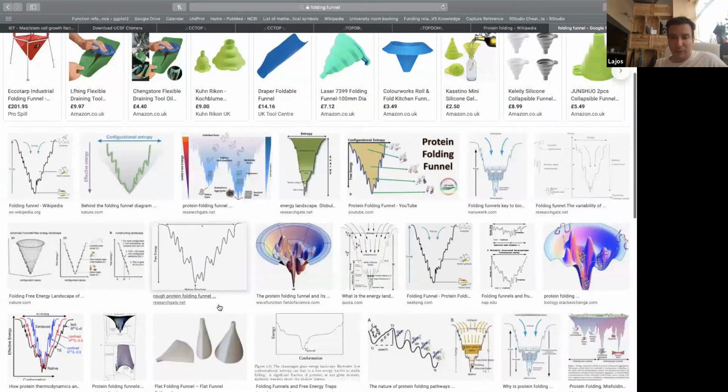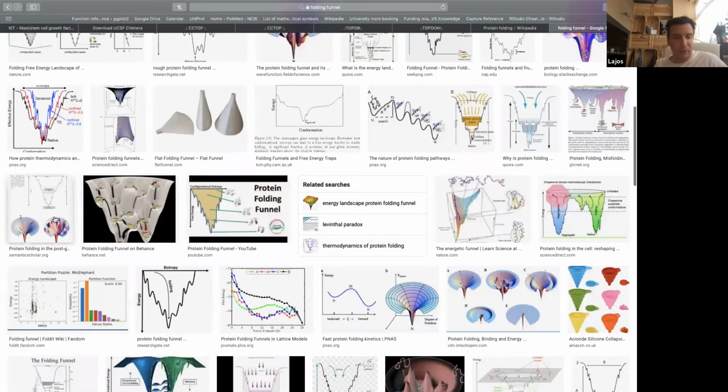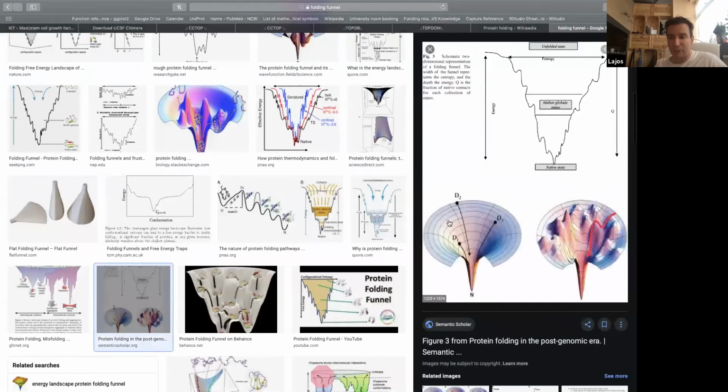If you have something like this on this picture here, on the left-hand side, this will show you the structural space. At the bottom, you have the lowest energy and the ideal structure. And here you have all the high energy structural variants, for example, the completely stretched proteins.